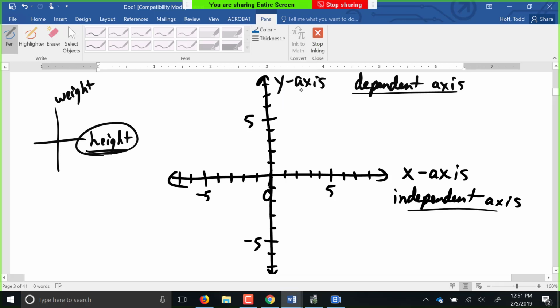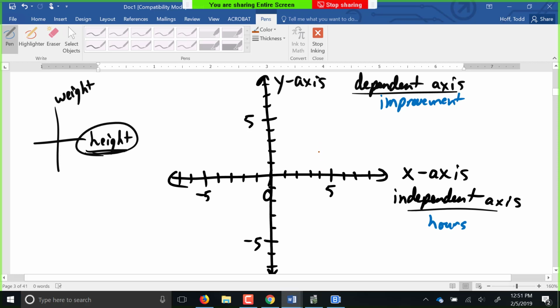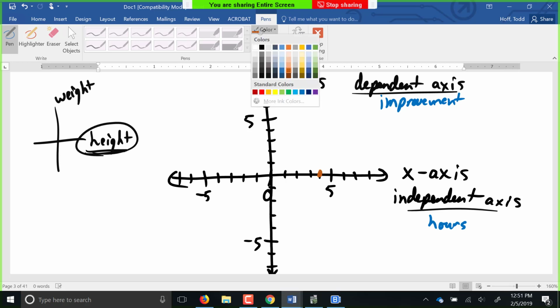So then let's graph. If this is our hours studied here, is our x, and our improvement is our y. Let's graph that 4 hours and 7% improvement. So we found 4 for the hours is right there. 7 for the improvement is right there.